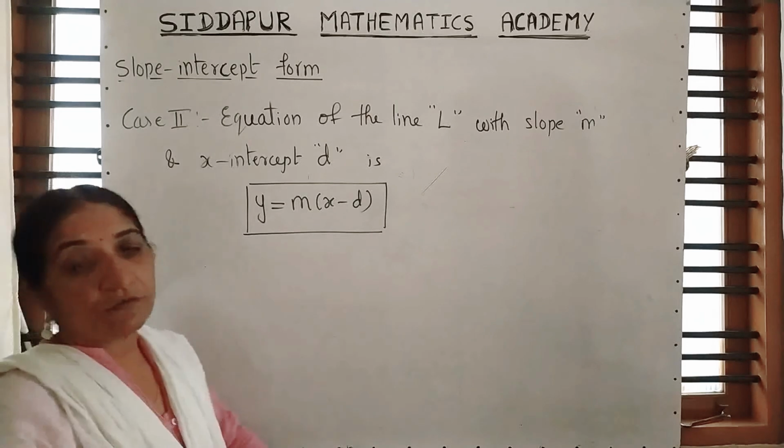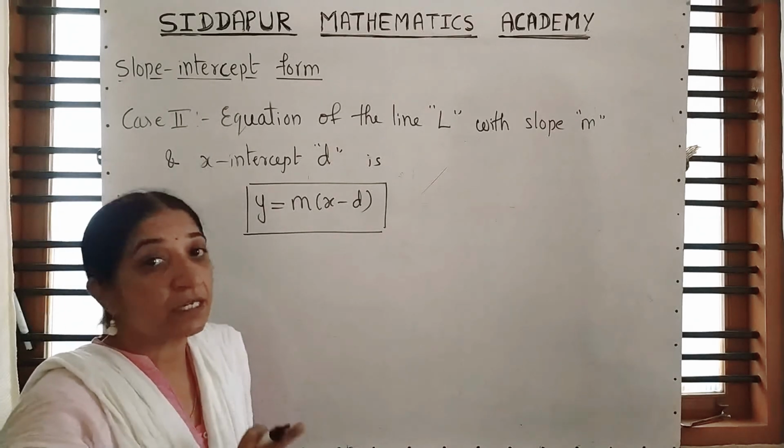So this is the equation of the line with the slope m and x-intercept d.